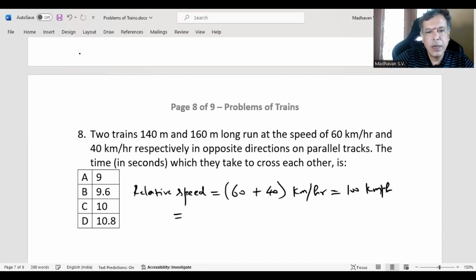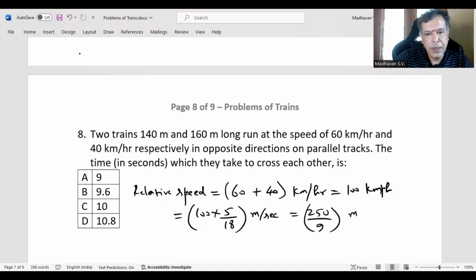Let us convert that into meters per second. 100 into 5 by 18 meters per second. That will be simplified to 250 by 9 meters per second.